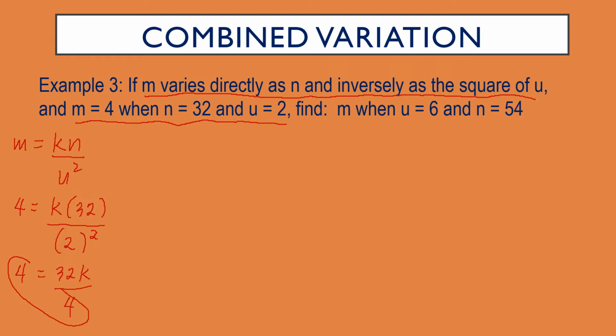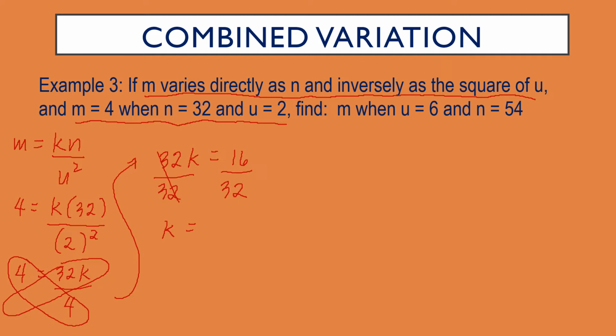After that, let us cross multiply. We now have 32k is equal to 4 times 4, we have 16. Solving for k, divide both sides by 32. Therefore, k is equal to 16 over 32.